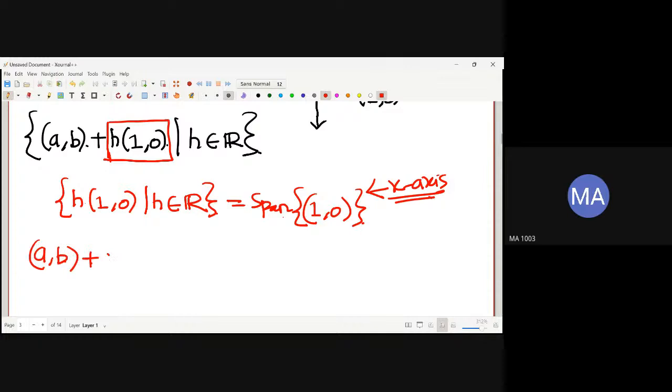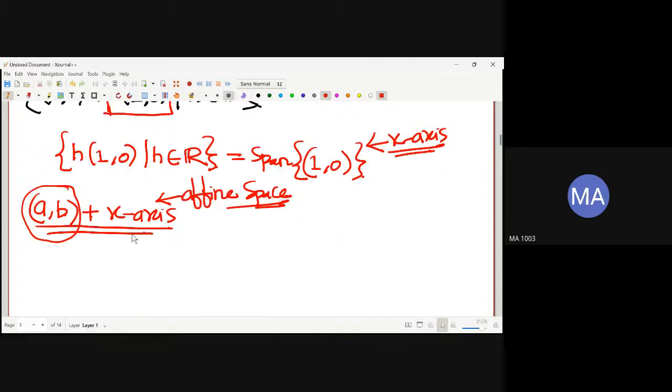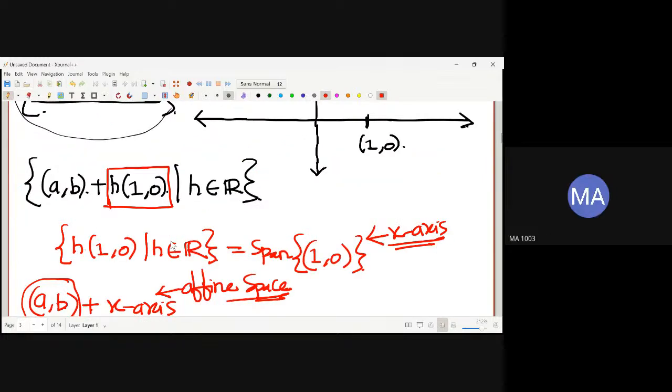So that means this is an affine space. You are basically translating this x-axis by this point a comma b, right? So in that case, what will you get?